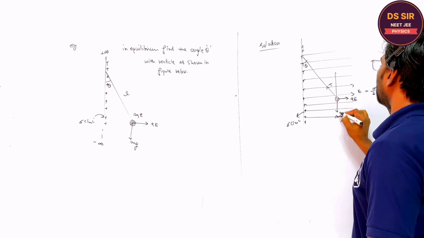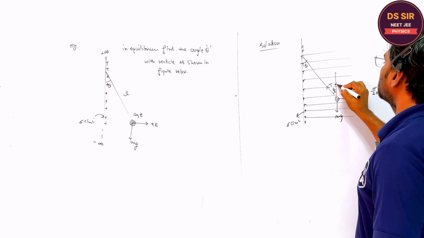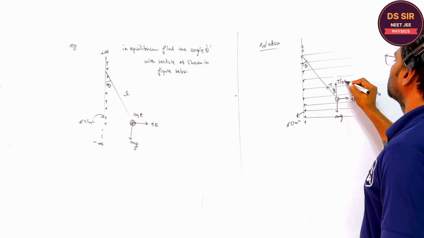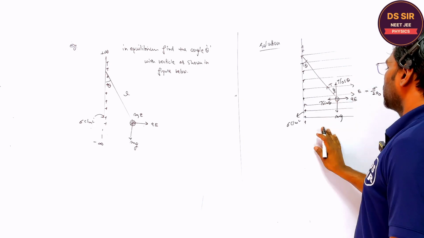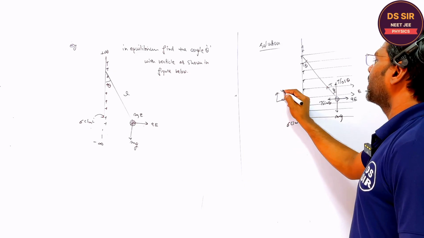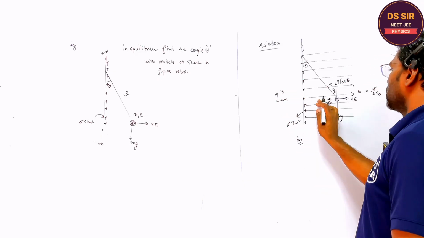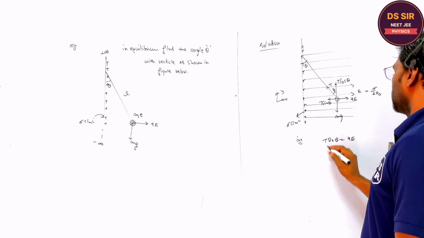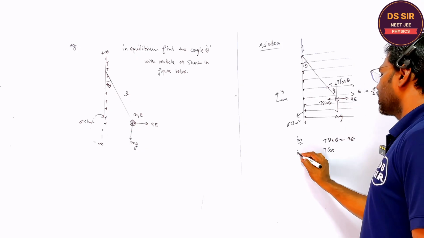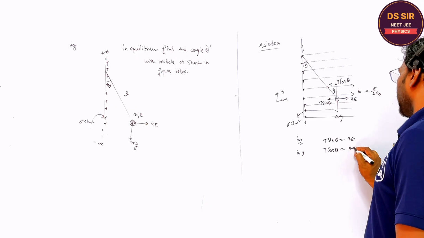Suppose this is the angle theta. This component is T cos theta and this component is T sin theta. Assuming x and y directions, in the x direction T sin theta is balanced by QE, and T cos theta in the y direction is balanced by mg.